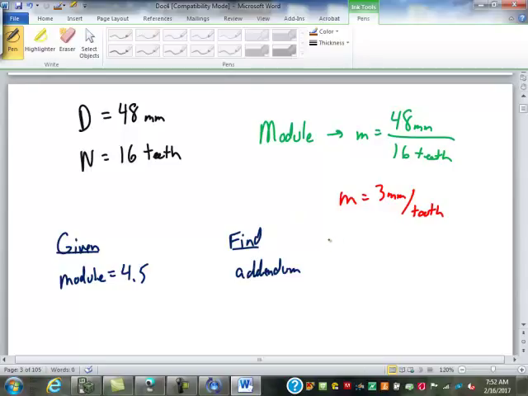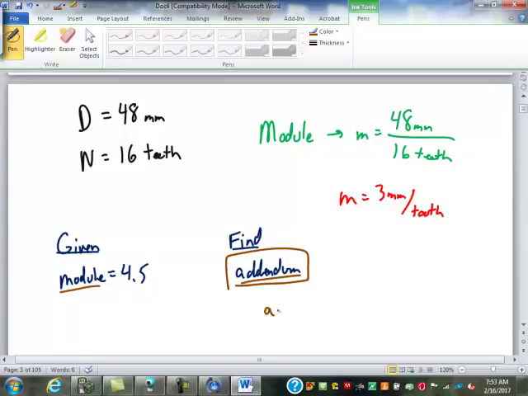In that left column where it says term, what's the term we're going to look up? Well, in this problem, we only have two things given, the module and the addendum. The one we're going to look up in that column is the one we're trying to find. Which one are we trying to find here? The addendum. So we're going to go to that left-hand column of that table, and we're going to look for the word addendum. And you find it about halfway down the table.